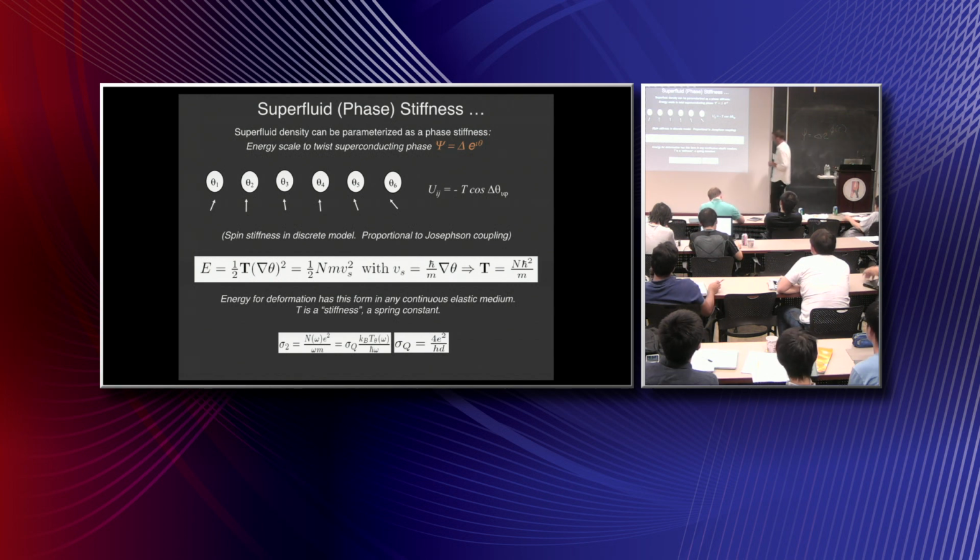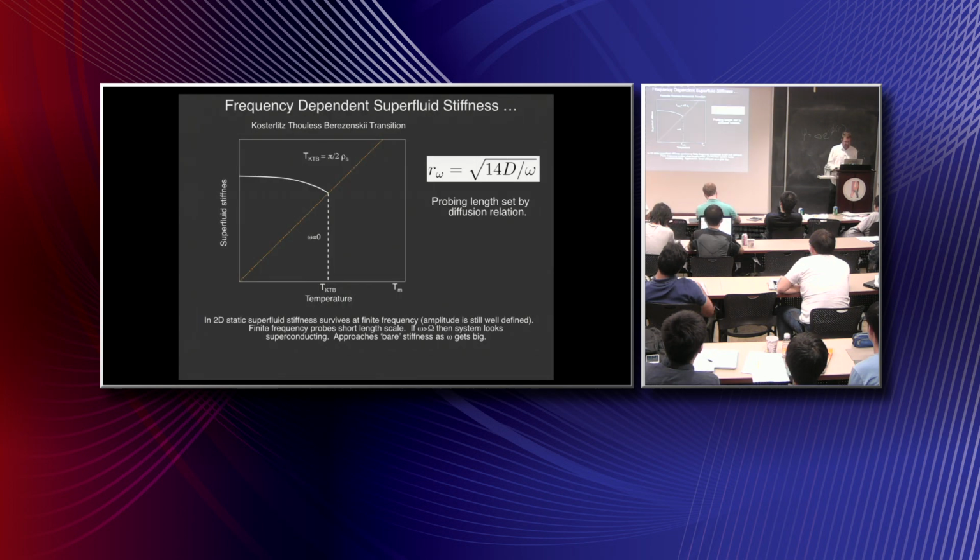Here, you could say explicitly, writing it in terms of conductivity, we can in general, by constructing some units of quantum of conductivity, constants of nature, construct a relation for this T theta, which is going to be this phase stiffness. Now we're going to be measuring at finite frequency, and that has a particular consequence.